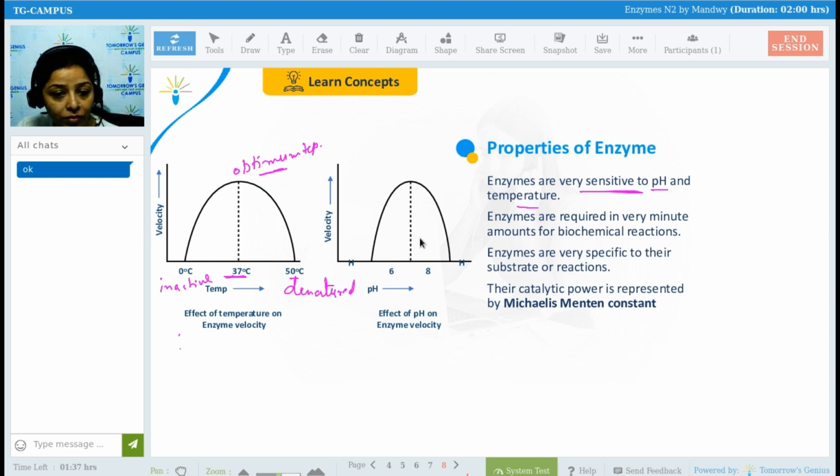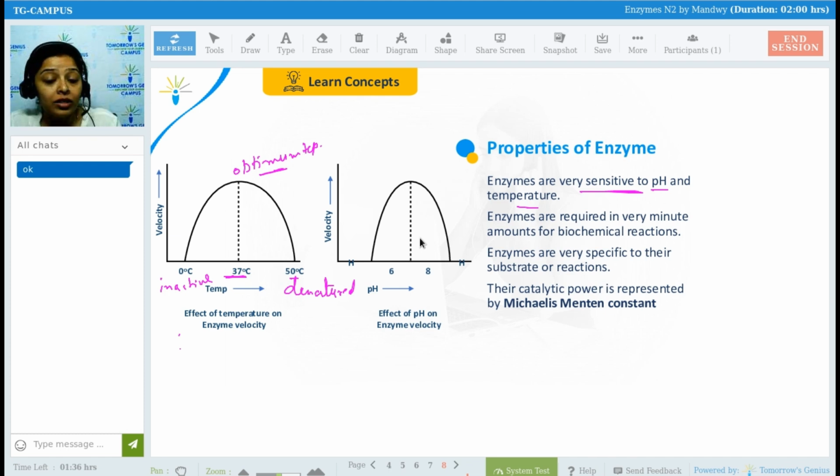Clear? Yes, ma'am. Ma'am, denatured means inactive only, no? No, denatured means they have lost the enzymatic activity. Inactive means the ability remains the same, but right now they are not performing any function. Denatured means they lose the ability to accelerate enzymatic activity.